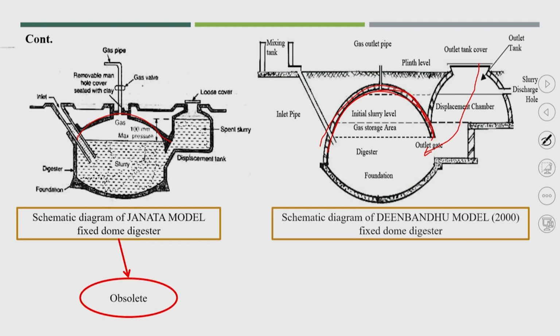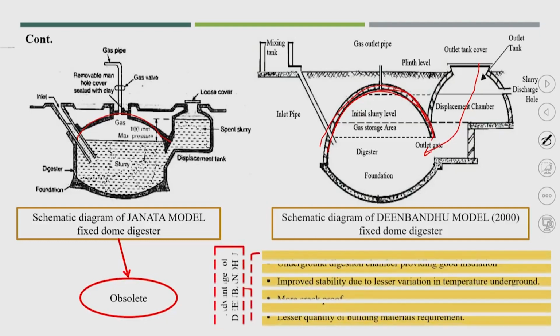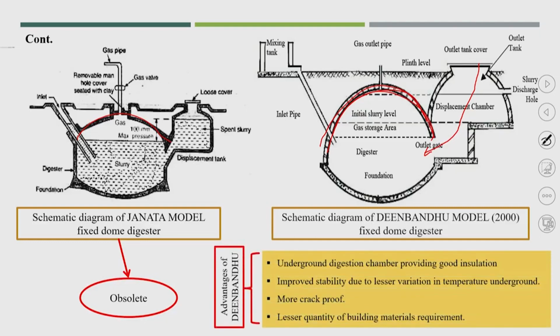So, that is why the Janta model became obsolete, and now nowhere you will find it. The Deen Bandhu model has other advantages: underground digestion chamber providing good insulation. You see here this entire area, this is the earth plinth level.